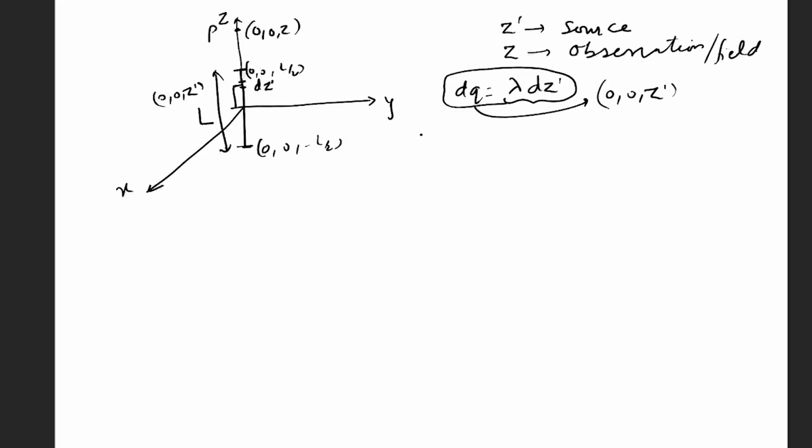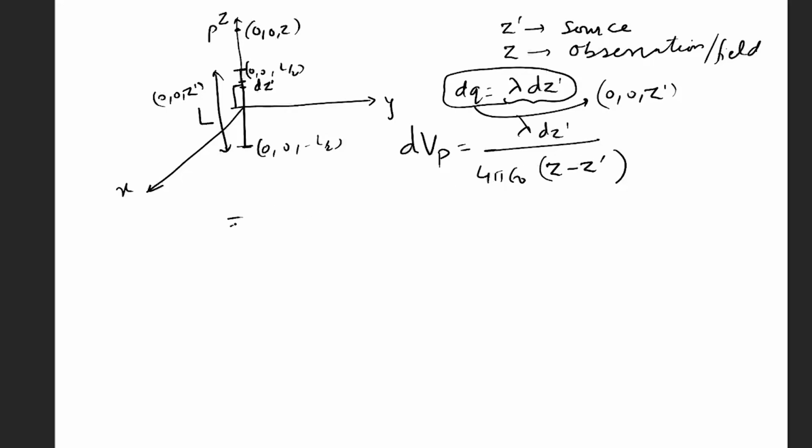Now we want to calculate the electric potential at this point P. It will be simply V at P, or dVp, because we are just calculating because of this differential charge, lambda dz dash over 4 pi epsilon naught times the distance between the source and the observation point. So the distance between source and observation point is z minus z prime.